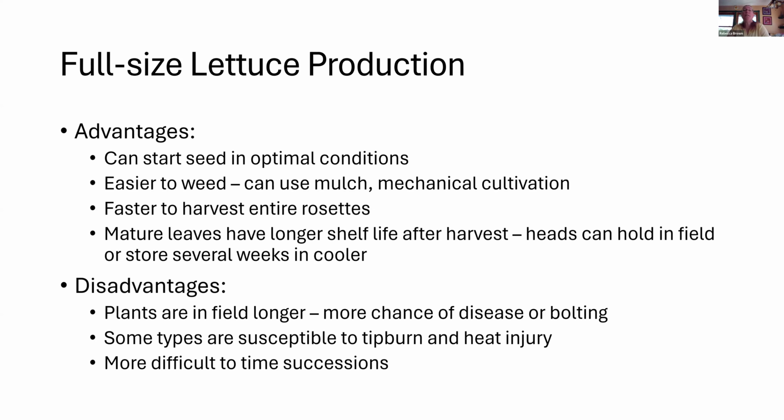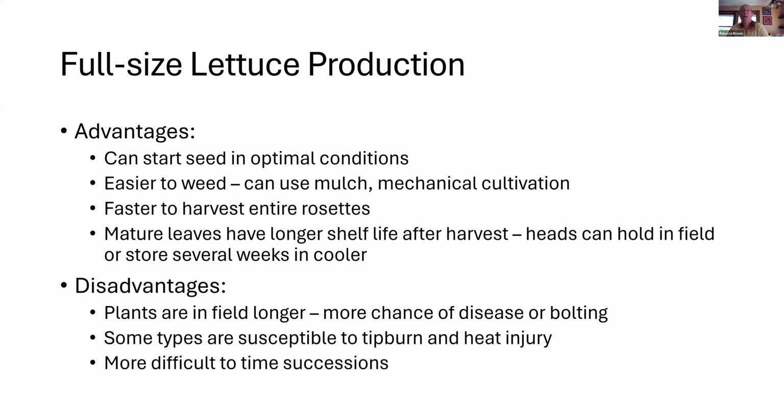And it's also more difficult to time your successions. And this is simply because you have to plan further ahead, right? It's much easier to predict 2 to 4 weeks ahead than it is to predict 6 to 8 weeks ahead or longer.